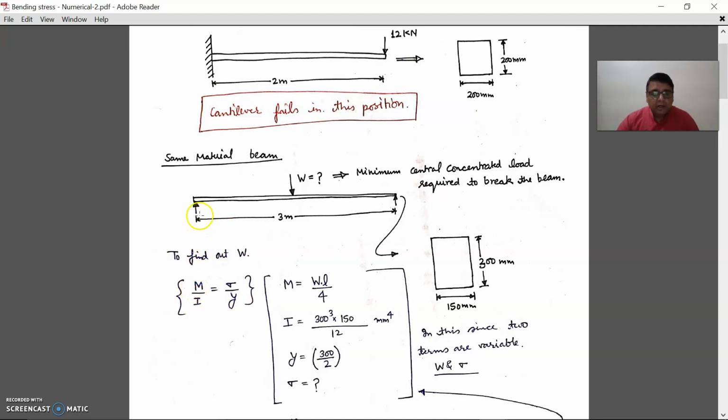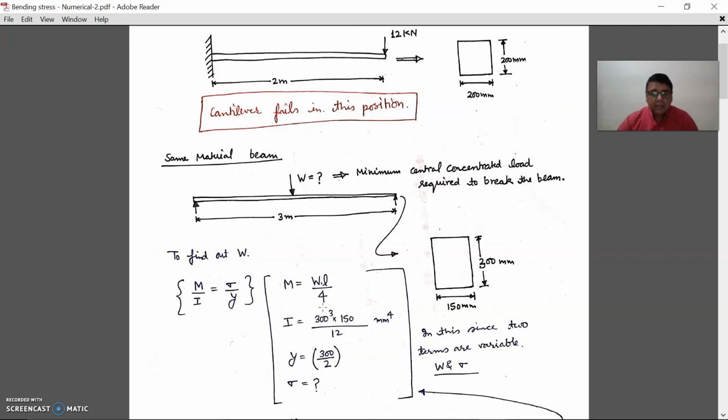So for this particular case, the formula is M over I equal to sigma over y, right? For this case, as it matches the fifth case which I described earlier, the value of M is W into L by 4.